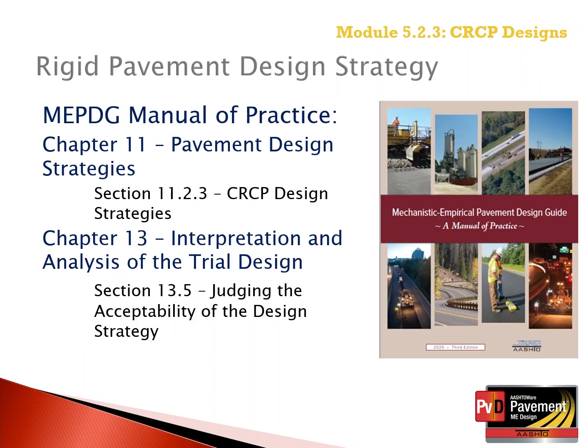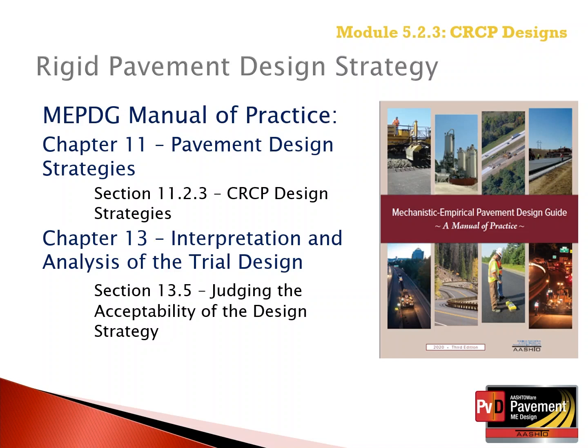Before getting into the details of the rigid pavement design strategies and discussing the transfer functions that are used in designing CRCP, there are 2 chapters that include information and suggestions for rigid pavement design.